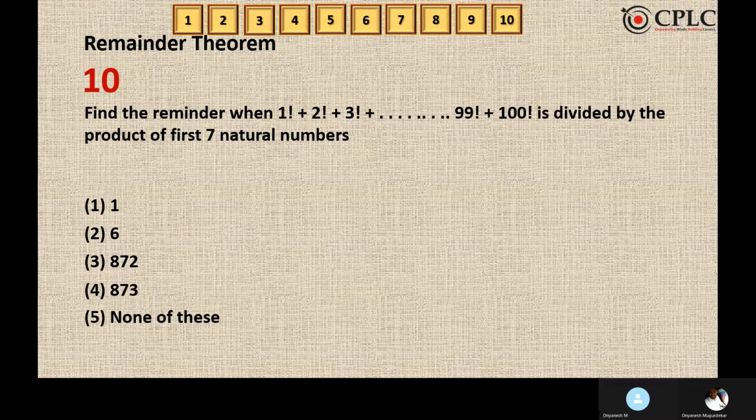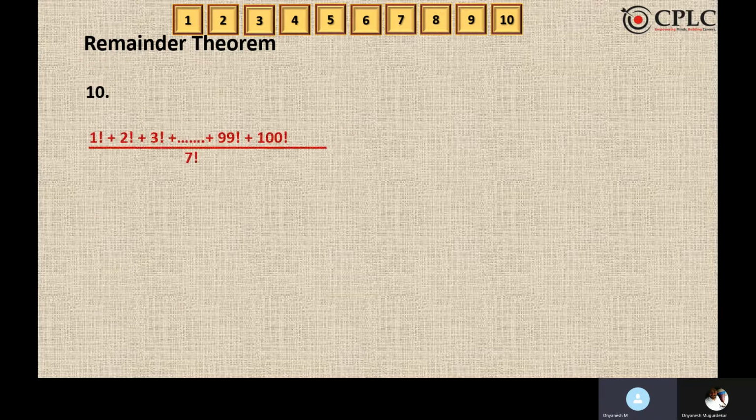Last one. Find the remainder when 1 factorial plus 2 factorial plus 3 factorial, so on till 100 factorial, is divided by the product of first 7 natural numbers. That is, divided by 1 into 2 into 3 into 4 into 5 into 6 into 7. These are the first 7 natural numbers, which is as good as 7 factorial. So when you divide this number by 7 factorial, till 7 factorial everything is fine.